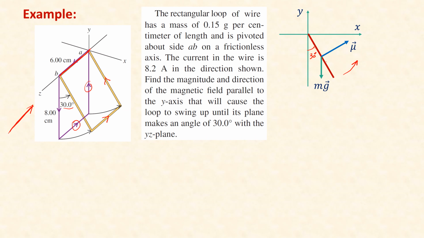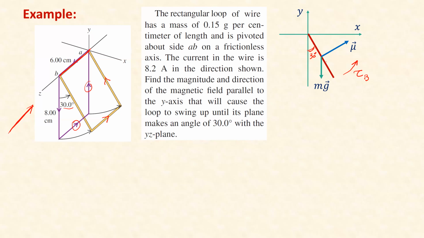And the weight of the loop, mg, which is acting from the center of it, is tending to rotate it back to the vertical direction. But the torque of the magnetic field will turn it up so that it stays at this 30-degree angle. Does it make sense?